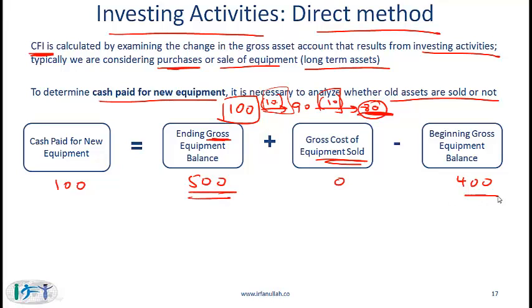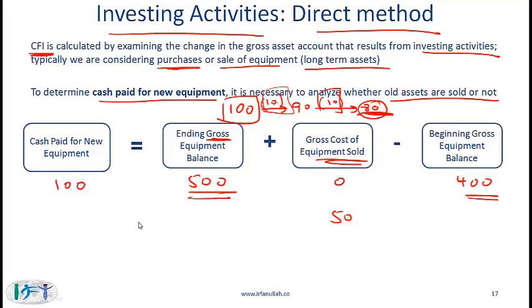You take the end number, subtract the beginning number, and the difference has to be explained by how much cash was paid for the new equipment. Now let's say from the footnotes you recognize that the gross cost of equipment sold was 50. Then what is the cash paid for new equipment?